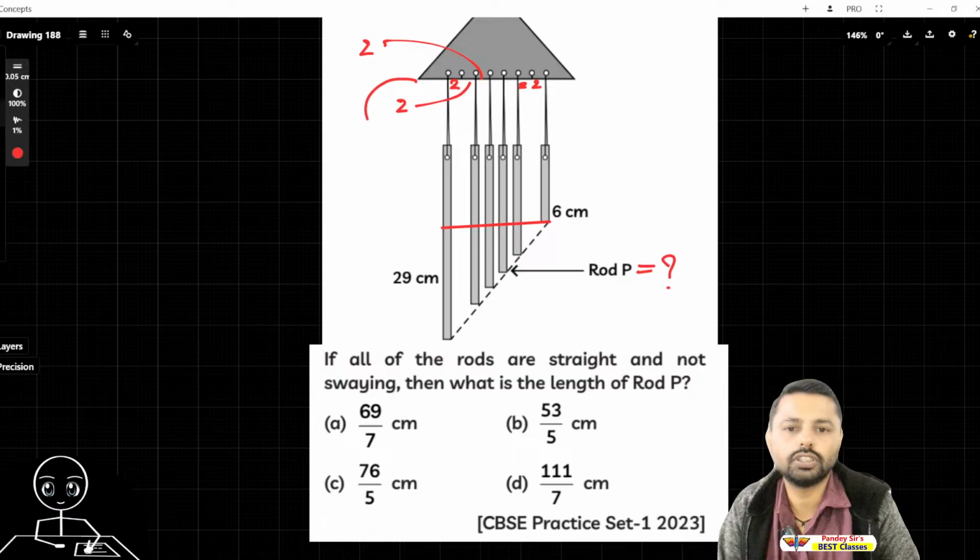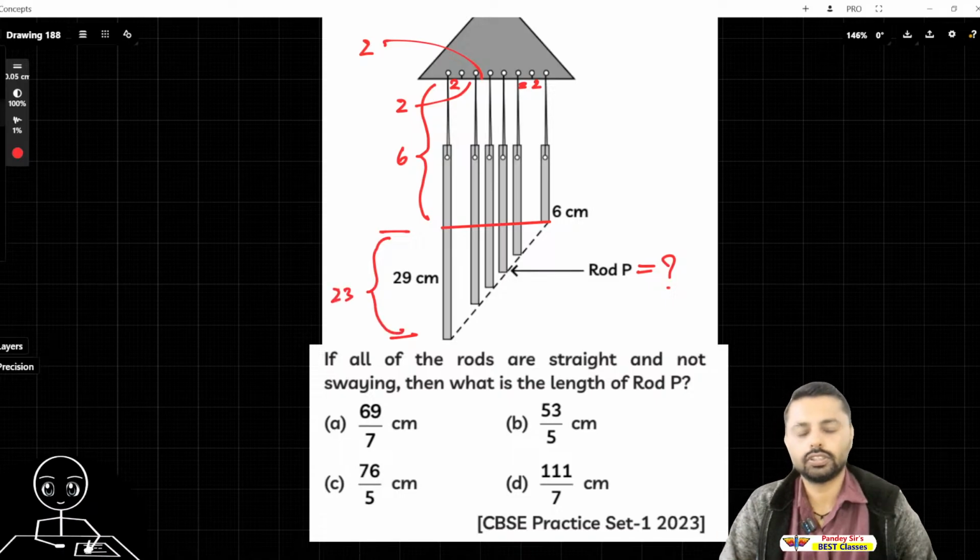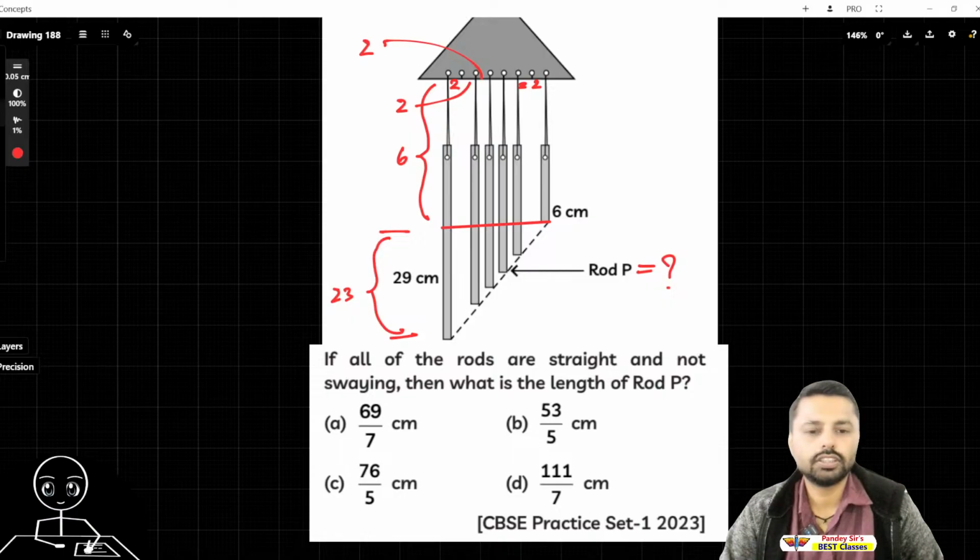So here to here must be 6. This must be 29 minus 6. So here to here must be 23.